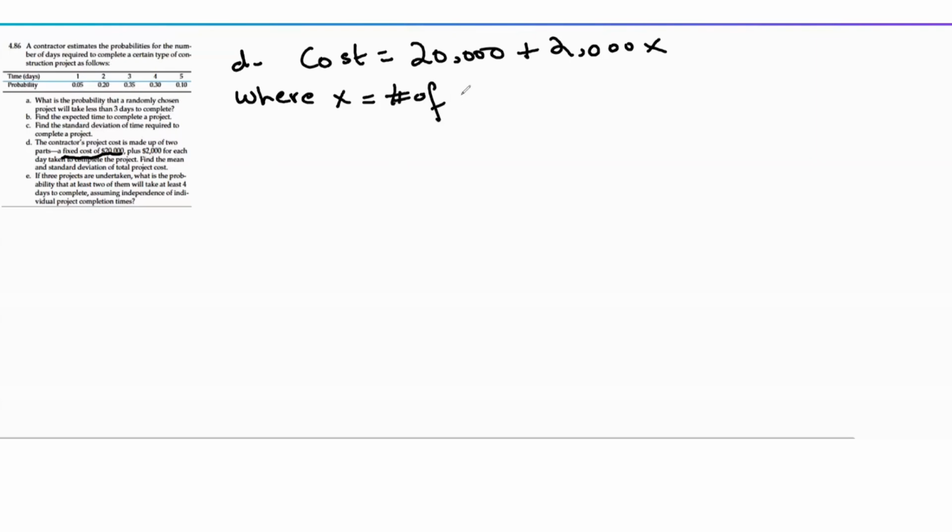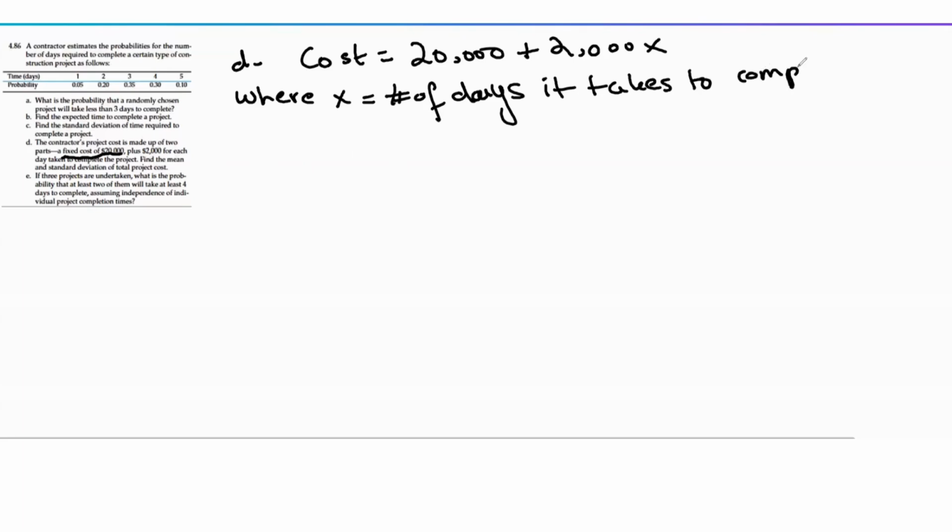Part D tells us the project cost is made up of two parts. Cost is made up of a fixed cost of 20,000, plus 2,000 for each day taken to complete the project. So plus 2,000x, where if you recall from part 1, x is the number of days it takes to complete the project.